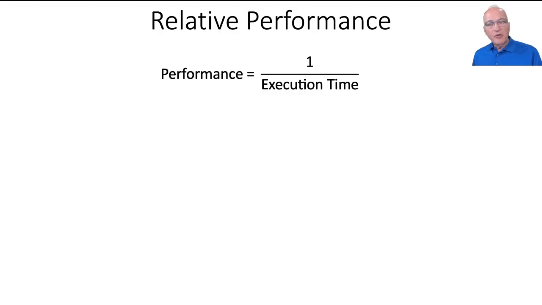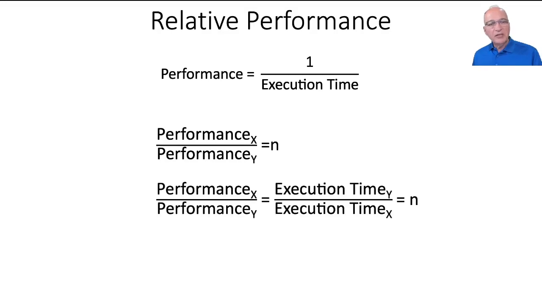The relative performance is 1 divided by the execution time. So if I compare the performance of X with the performance of Y and I obtain a number N, this is the equivalent of dividing the execution time of Y by the execution time of X. So notice how there is a reverse of the order in the division.